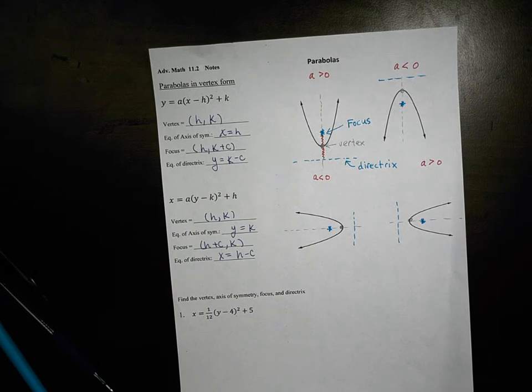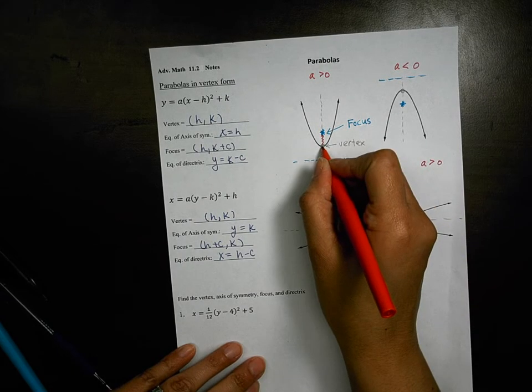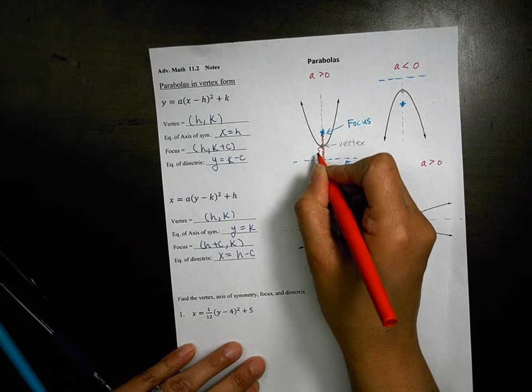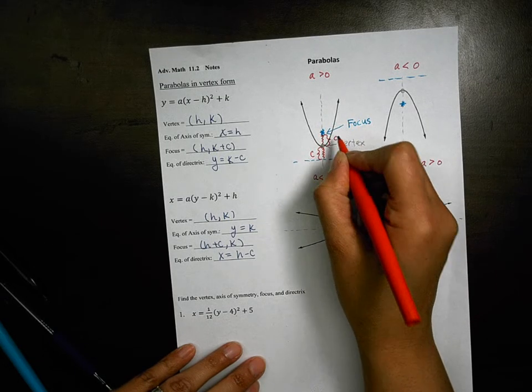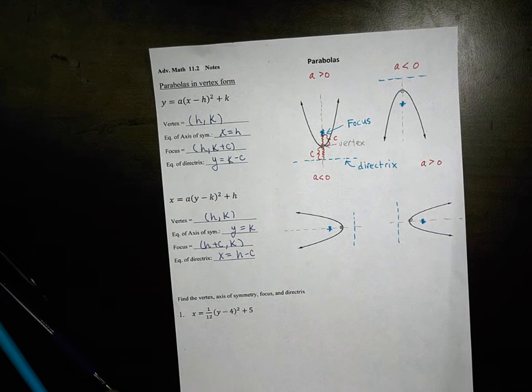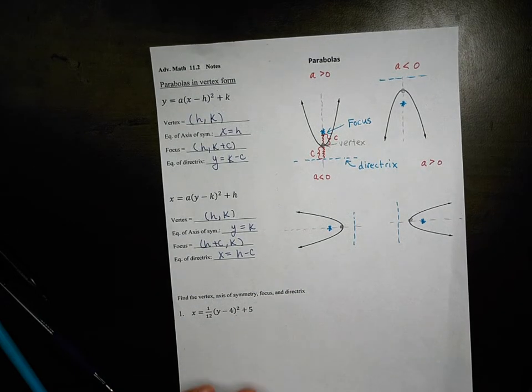The same, equal distance. Yes. The distance from your focus to your vertex is the same distance as your vertex to your directrix. We call that distance c. The focal length is what it's called.